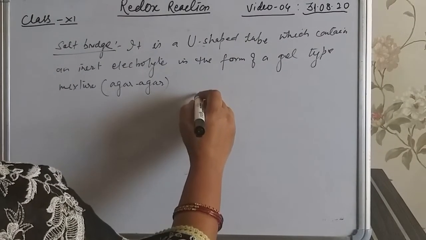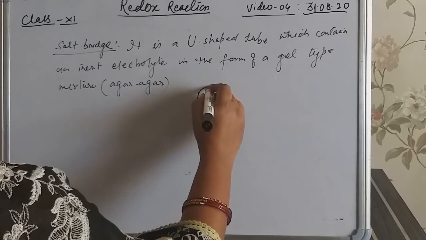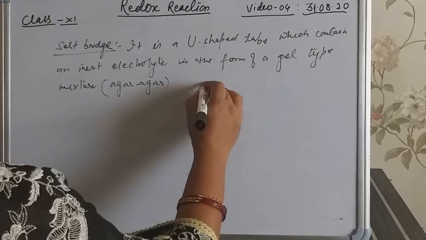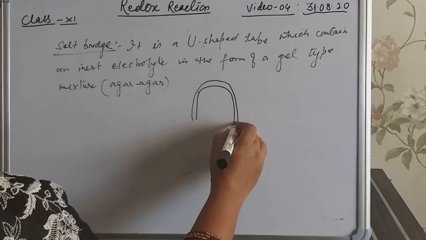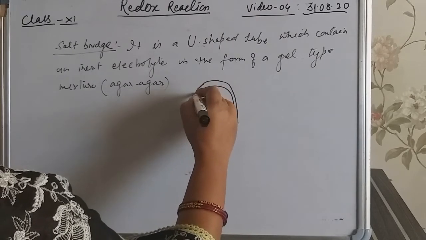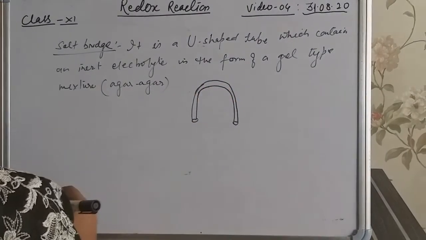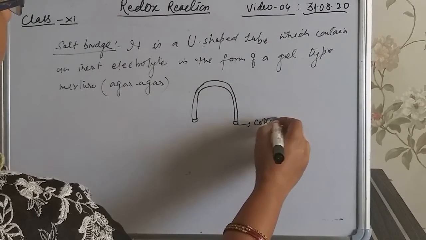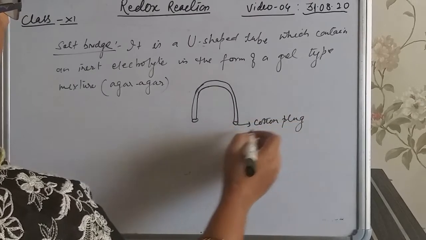Just like this is our salt bridge, U-shaped, and here is the cotton plug to close it.